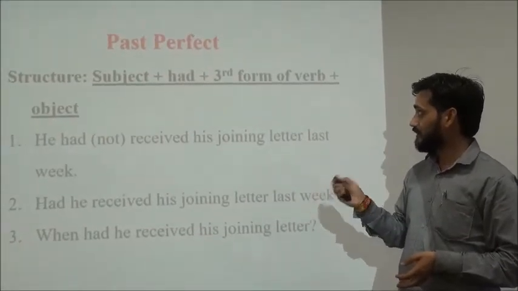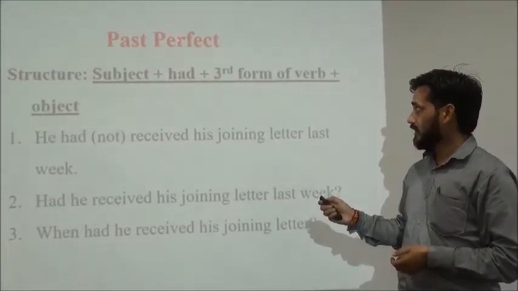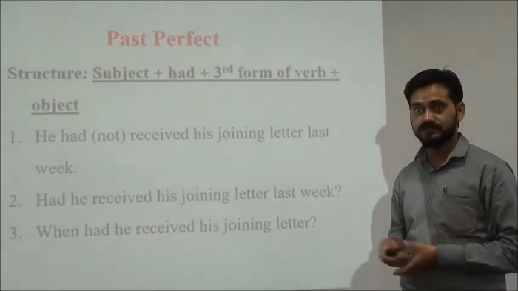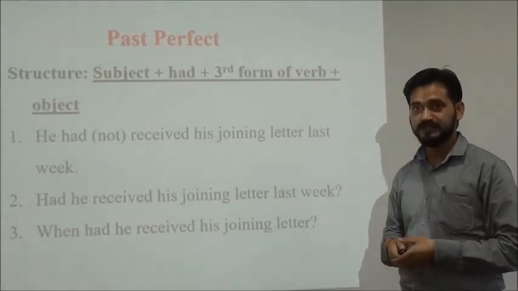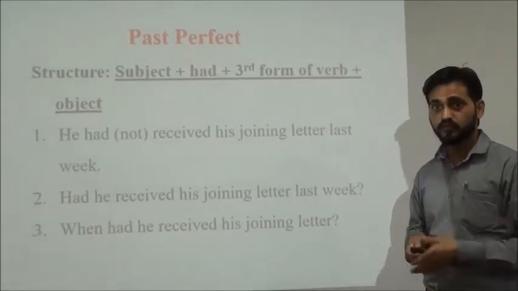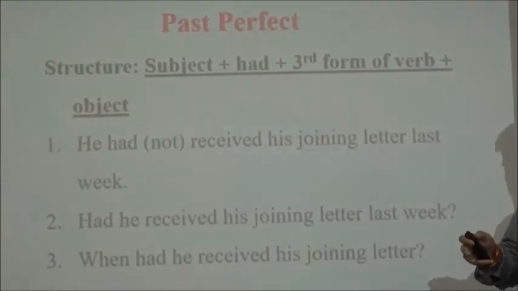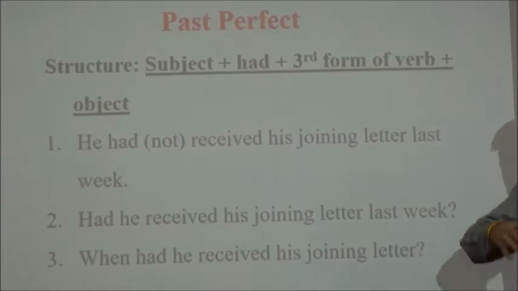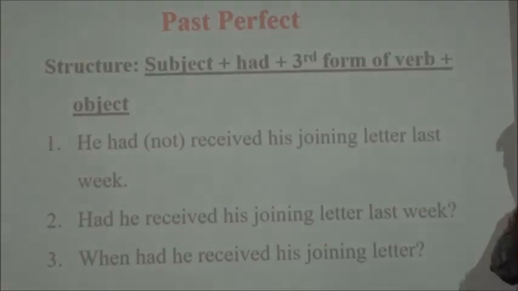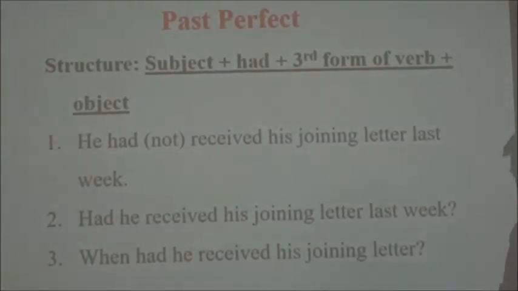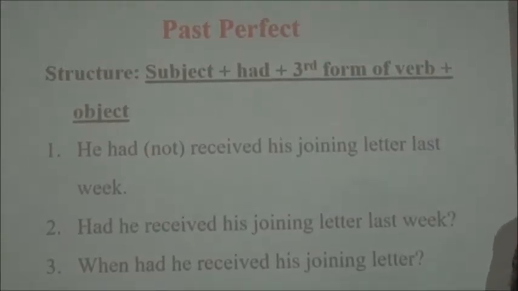past perfect tense. If I say something perfect, then what does it mean? It means there is no scope for confusion. There is something that is completed. So one act or action that is completed in the past, and you have to share it with your friends. If you have to write it somewhere, then how shall you write?